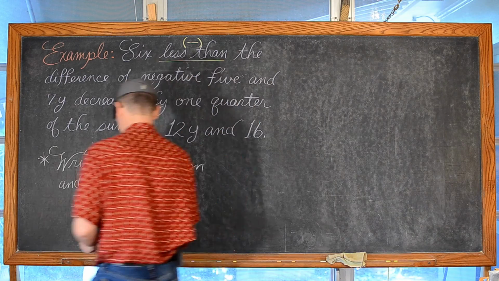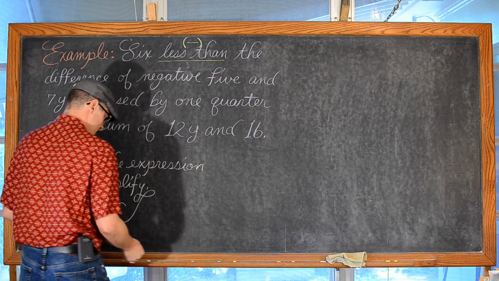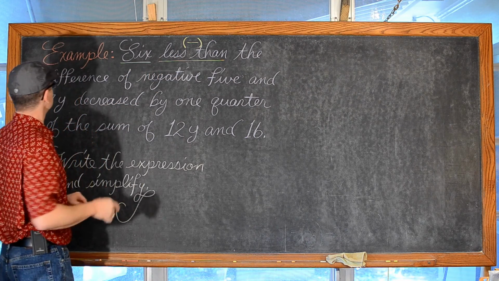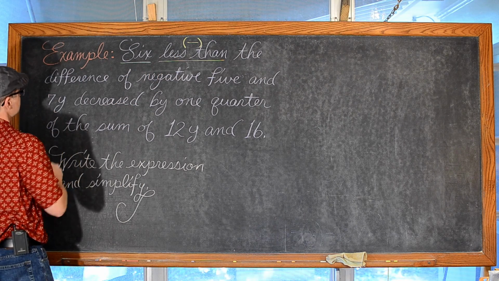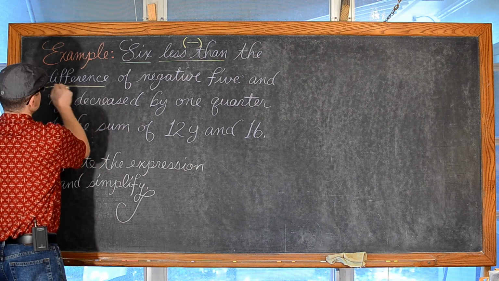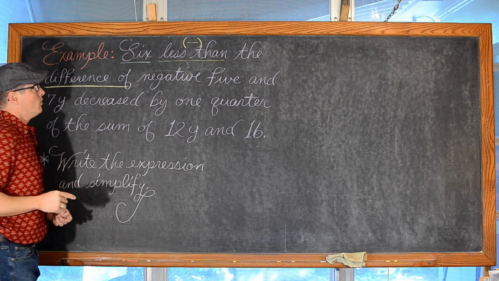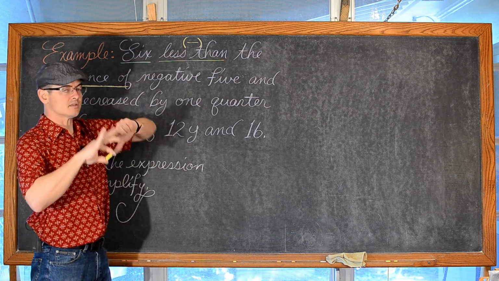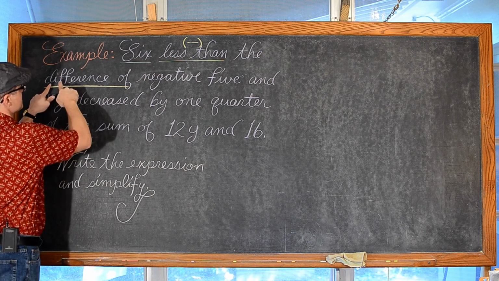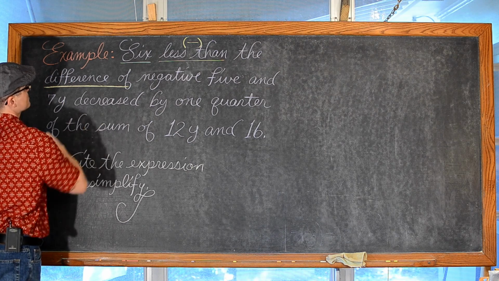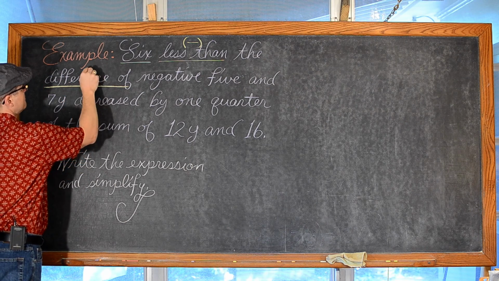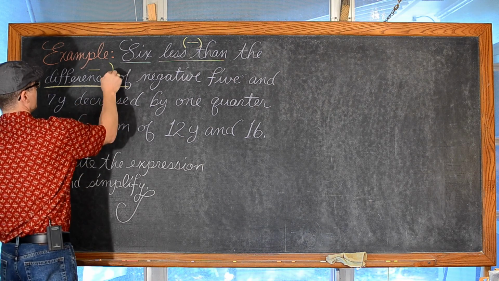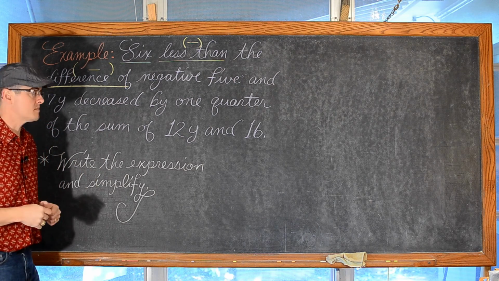So we have, let's see, what color can I use here? We have 6 as a number, less than, a subtraction, the difference of. Well, that tells me that I've already talked about 6 less than something else, and that something else is a difference of. These two words together, difference of, will again mean subtraction, but together they also mean that I'm going to need to set up some kind of parentheses.